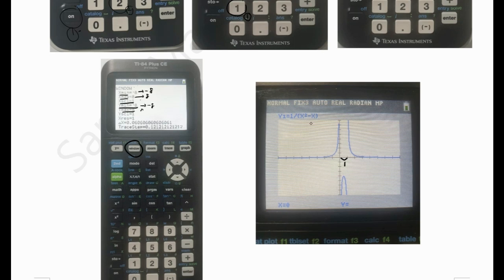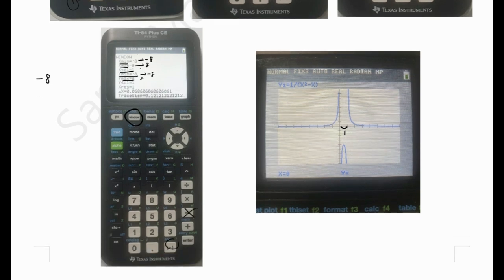You have to be cautious when you input the minus sign. If you want to express minus 8, you push this button, not this button. This button is the minus sign, and this one is subtraction. You have to push this button, not this button.